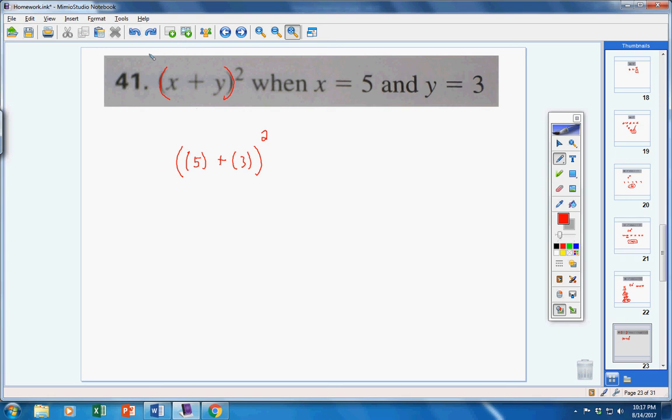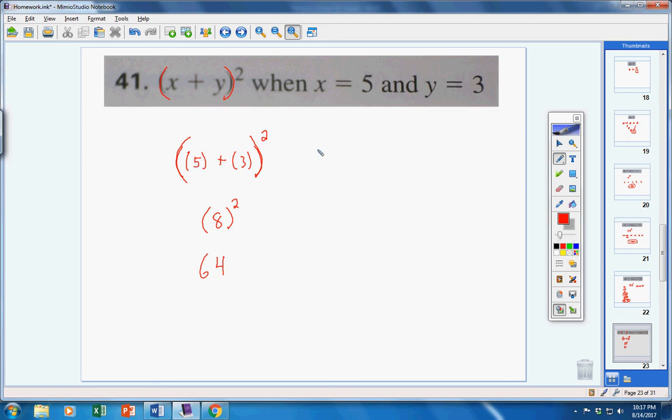So what you want to do is take all of this stuff, for lack of a better word, all of this stuff inside of the parentheses here and get it down to one number. So I have 5 plus 3 inside the big parentheses here. 5 plus 3 is 8. Bring down your exponent, and 8 squared is 64. 8 times 8. Now some of you probably want to do this.